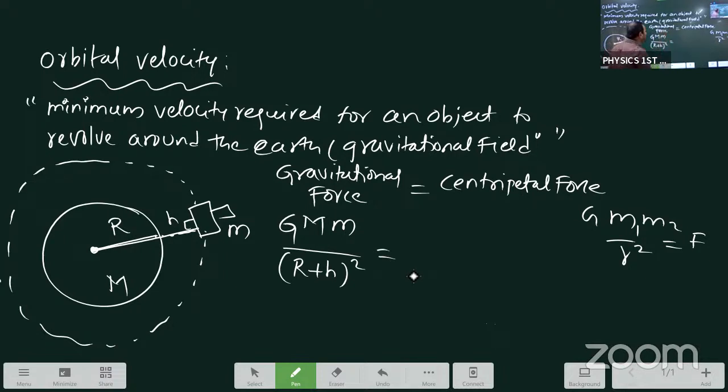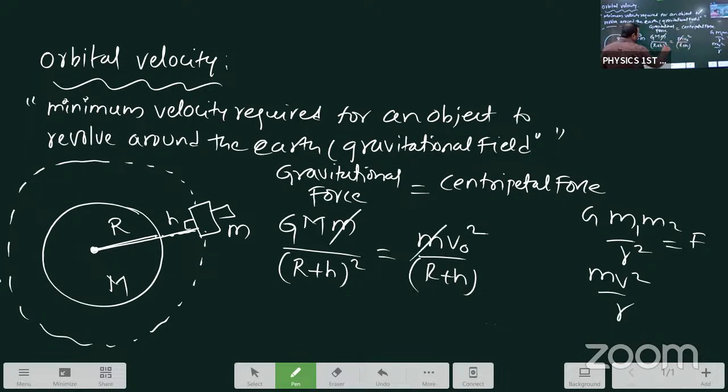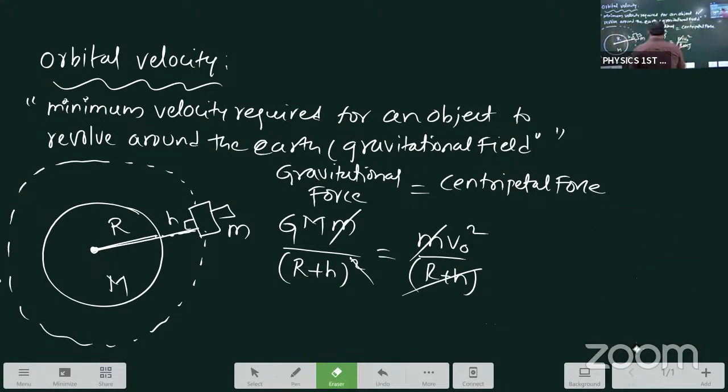Gravitational force equals the centripetal force of the body, m V square by R. What is the centripetal force? The ordinary formula is m V square by R, where m is the mass of the object, V is the velocity of the object, and R is the distance. Small m cancels, one R plus h cancels. Then the remaining step is GM by R plus h.